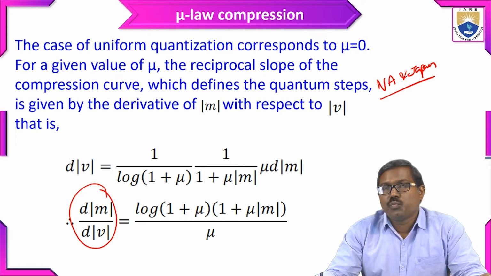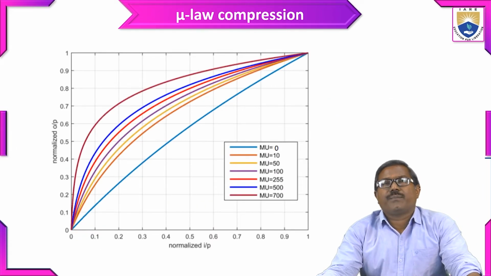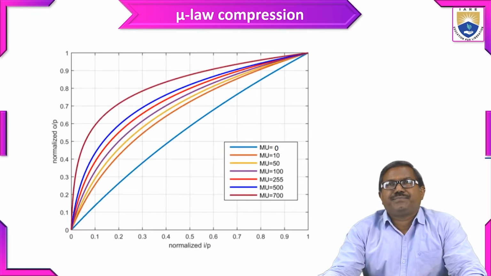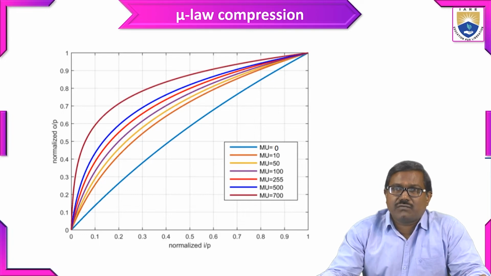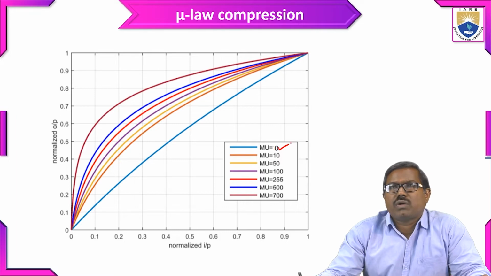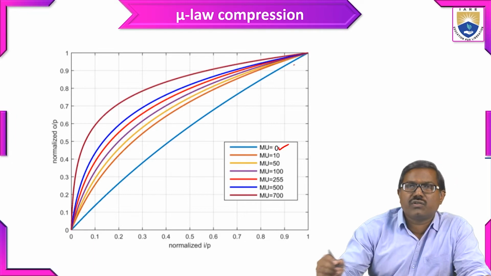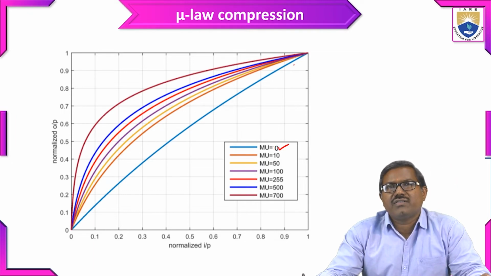Before the next slide, once again you could see this one. This is my mu law compression curve. When mu is 0, the first one, the blue line, there is no compression. How can you say?